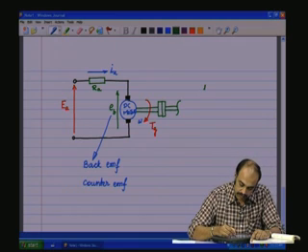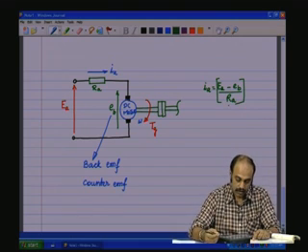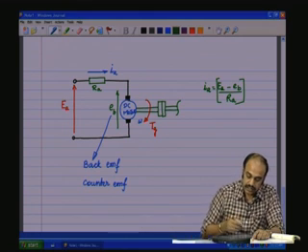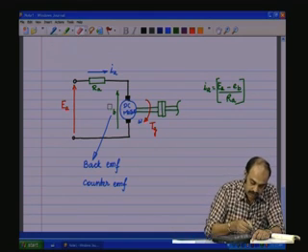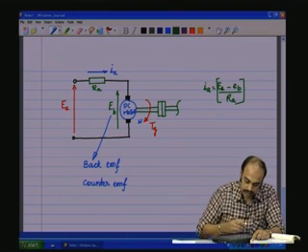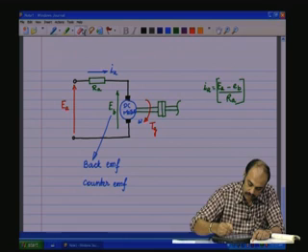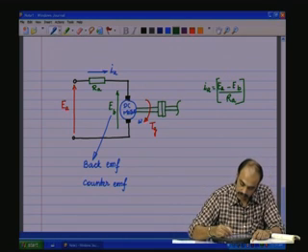Now, IA is given by EA minus EB divided by RA. So, EB is the instantaneous value. Let us put the effective value, the DC values here, because in this case the effective value will be the same, EB, and we put also EB here.